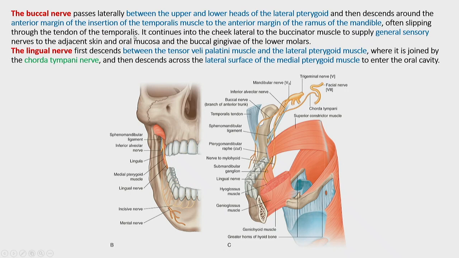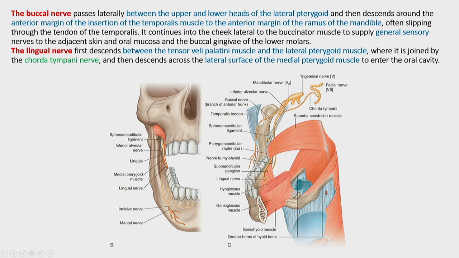This buccal nerve passes between the superior and inferior heads of the lateral pterygoid muscle, then descends and usually perforates the tendon of the temporalis muscle, which attaches to the coronoid process and the temporal crest, and then goes to the lateral aspect of the buccinator muscle.